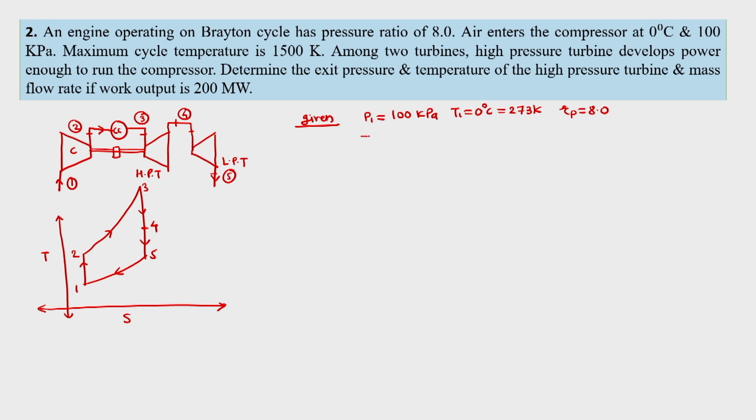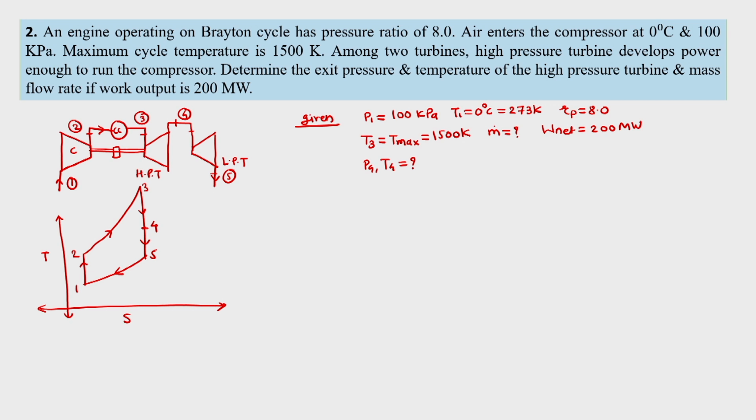Further, the maximum temperature of the cycle, which is T3, which is T max, is 1500 Kelvin. We are supposed to find out the net work, and the mass flow rate if W net is equal to 200 megawatt. We are also supposed to find out P4 and T4.